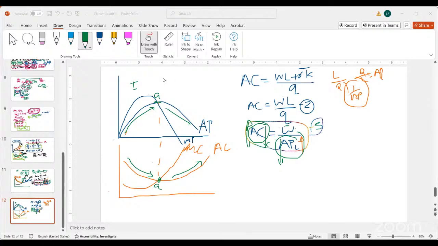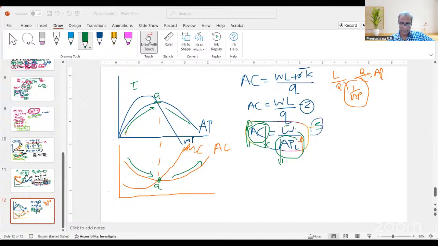And now another thing we discussed: producers take the decision in the second stage, which we discussed 2 weeks ago. And they also take the decision in the diminishing marginal return stage.